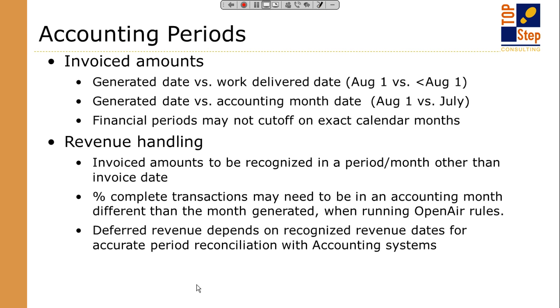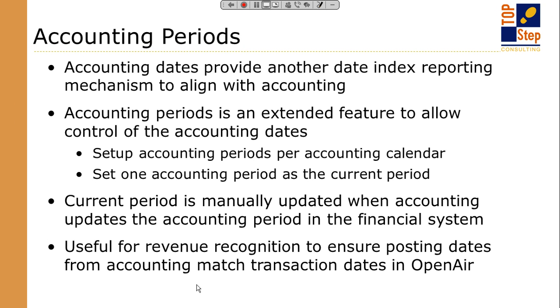If you're not familiar with accounting periods, it's a feature you can set up in the system, and on the revenue recognition rule, there's an area where you can define what period it gets when the rule is run. When the rule is run, the transactions that are generated will get stamped with an additional date field called an accounting date.